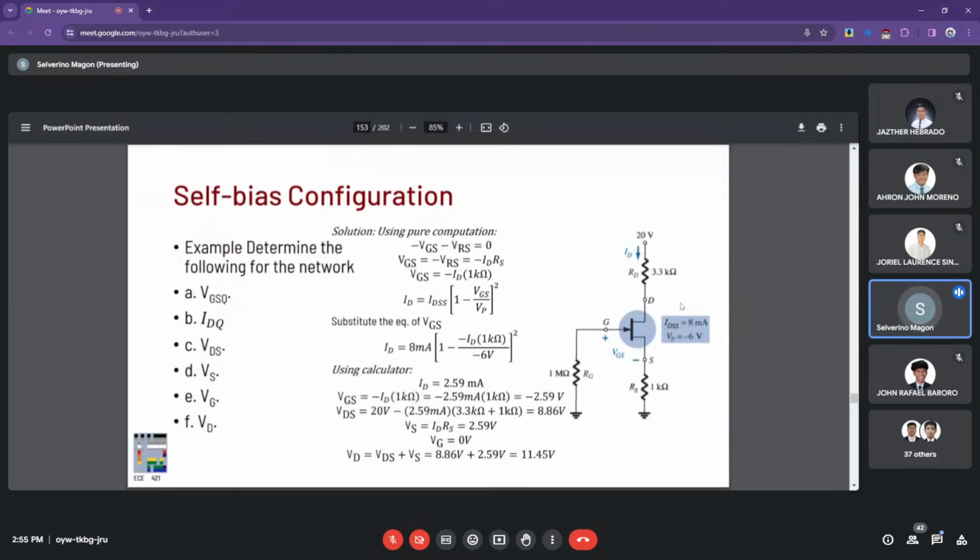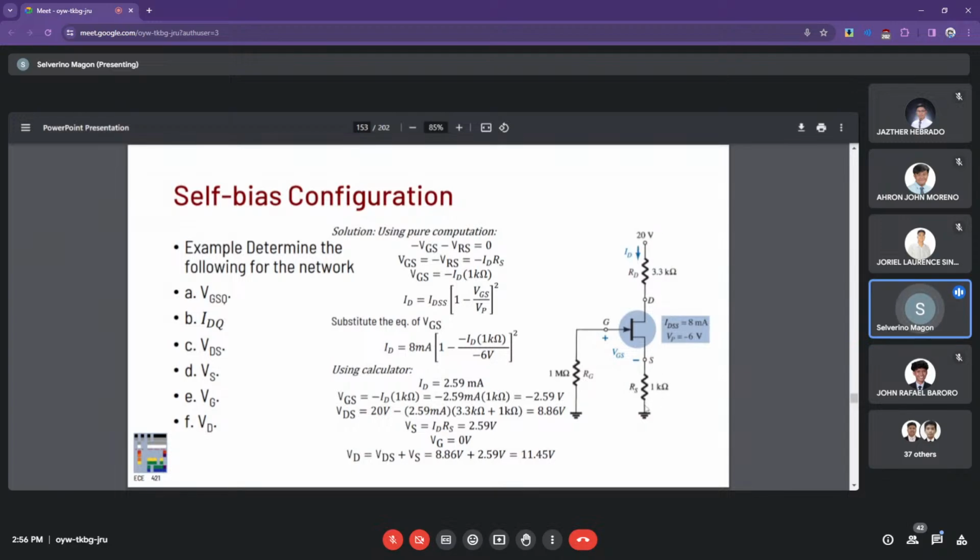Once you have the drain current, you can now proceed with the loop analysis in the load side. So here we perform KVL. We have 20 minus IDRD minus VDS minus VRS.